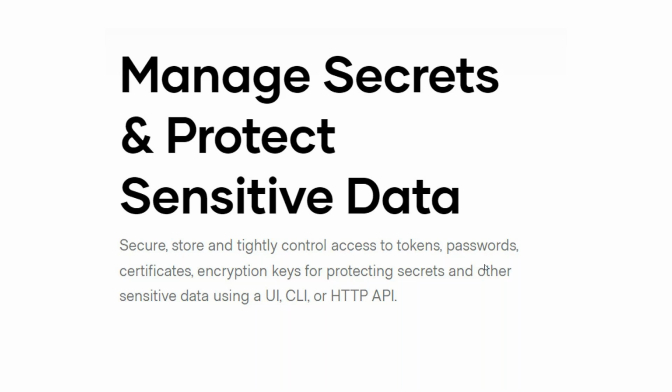When I say manage, you can add a secret, read a secret, delete a secret, edit a secret. That's called managing a secret, and protecting your secrets. Now these secrets which you have stored in HashiCorp, you can access through UI, CLI and HTTP. These are the ways in which you can work with it.